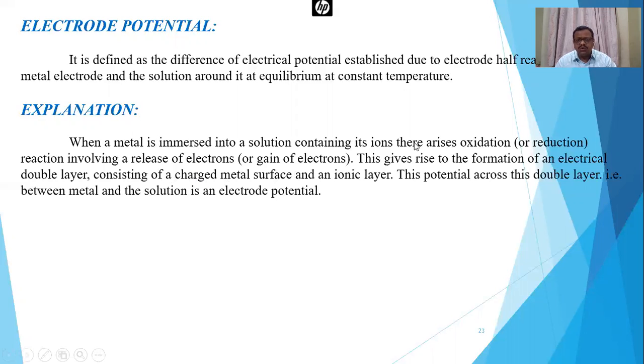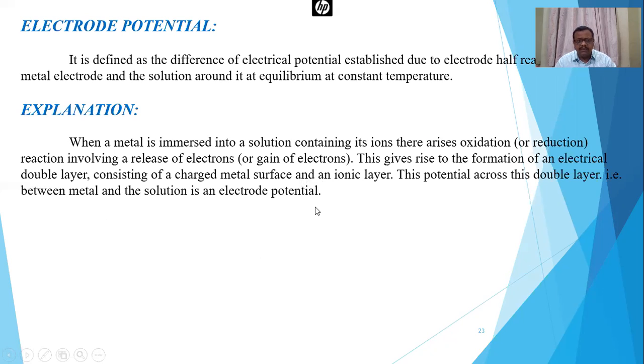This gives rise to the formation of an electrical double layer consisting of a charged metal surface and an ionic layer around it.